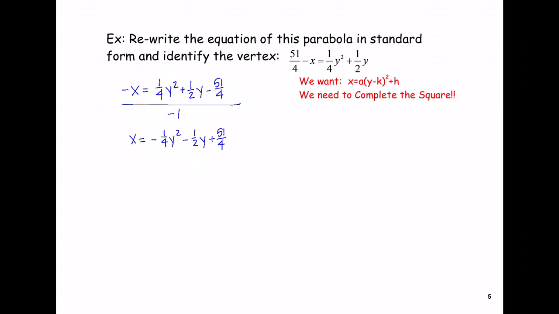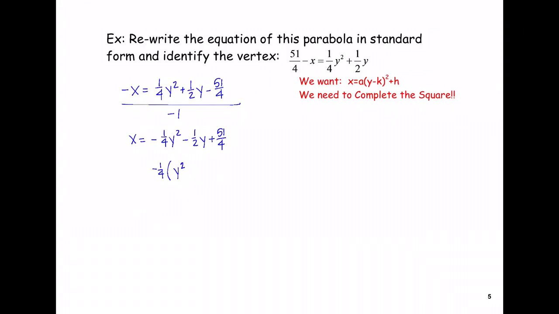Now we're set up so that we can complete the square. Remember, the coefficient of our squared term needs to be a positive 1. So we are going to factor out, or divide our first two terms by, negative 1/4. When we divide 1/2 by negative 1/4, it's going to equal negative 2.